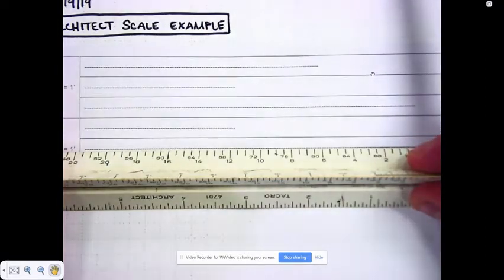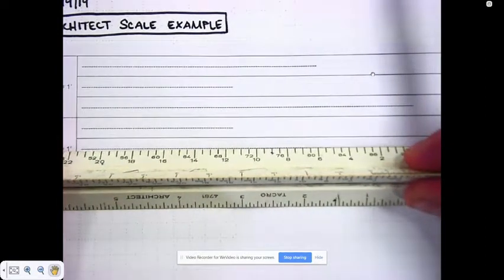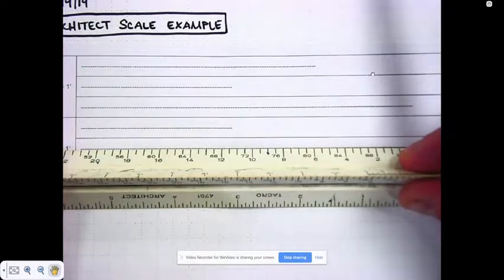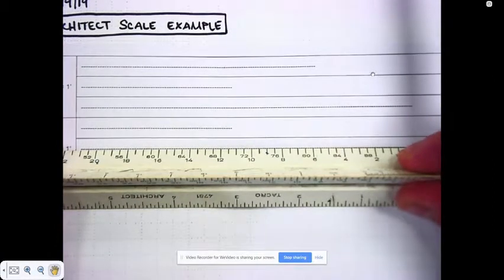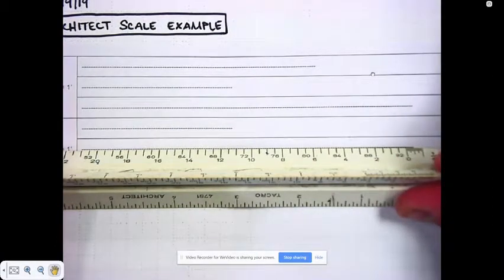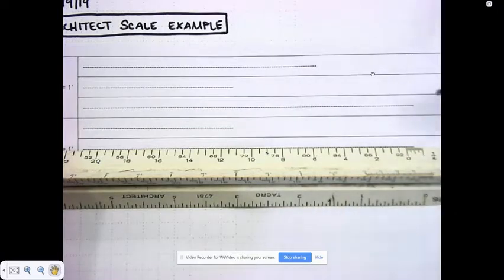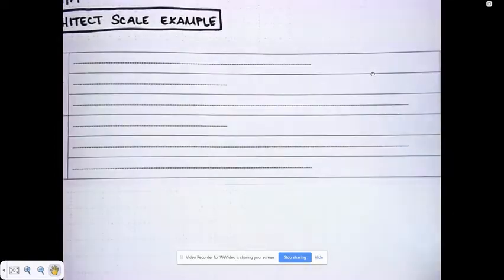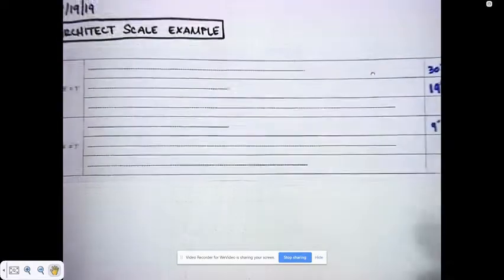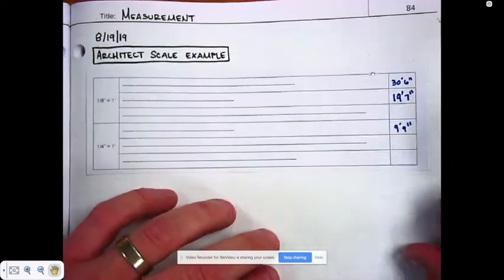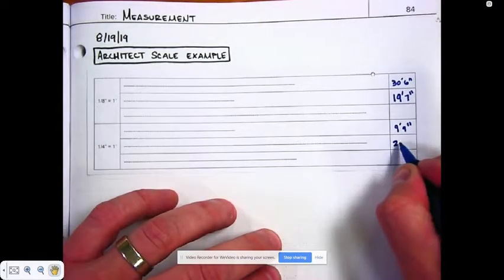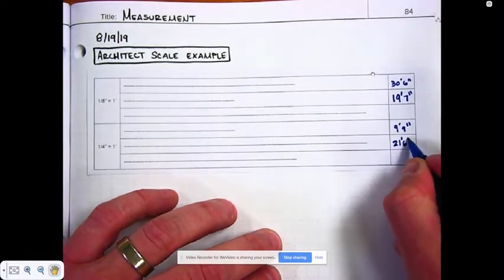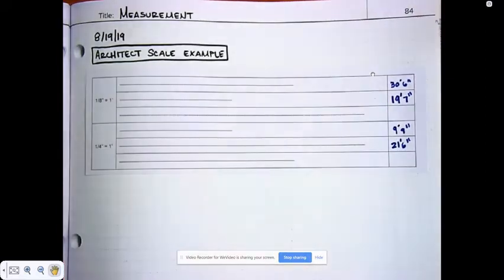It's not quite to 22, so I'll move the scale to the left, and so it's going to be 21 feet. Now I can read how many inches. If I look over here, you can see it's right in the middle, so it's 21 feet, 6 inches. I'll go ahead and write that into my spot. And that's the way you use an architect scale.